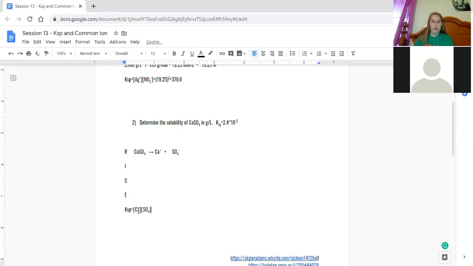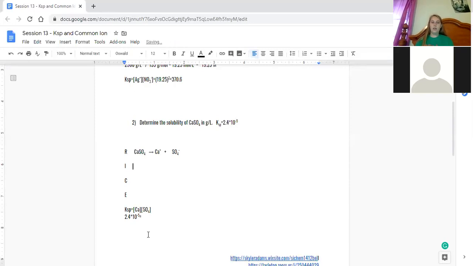All right. And so with that, what we need to figure out is the solubility here, and we know our KSP, so we can plug that into our equation. So we have our 2.4 times 10 to the negative 5.